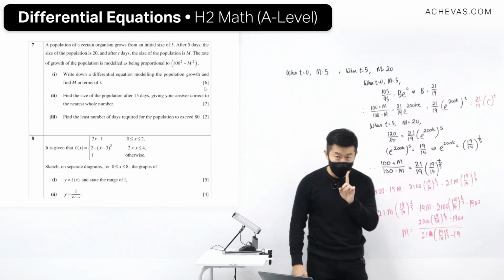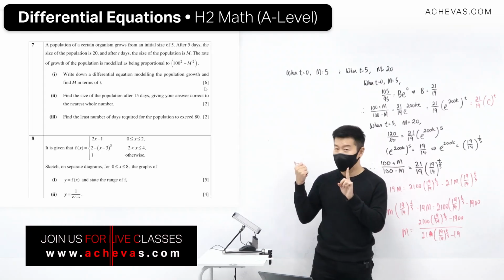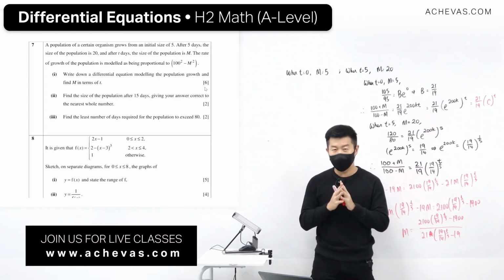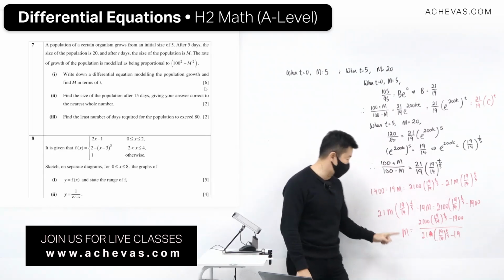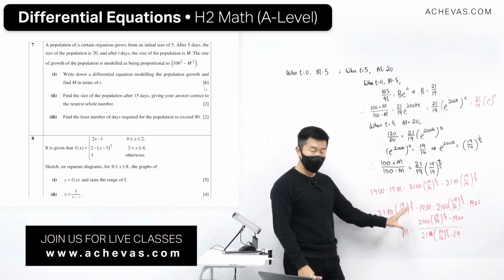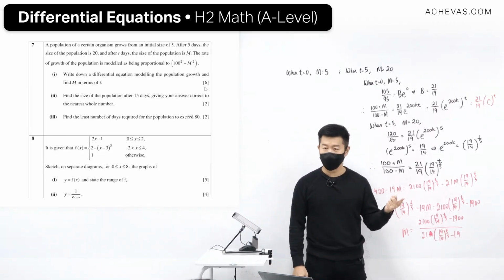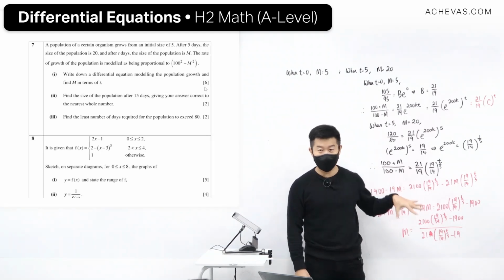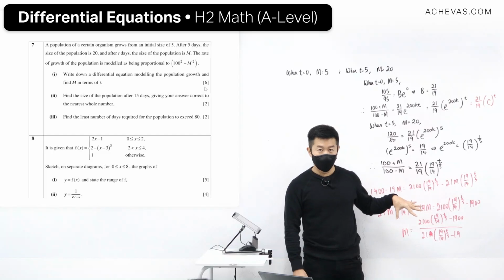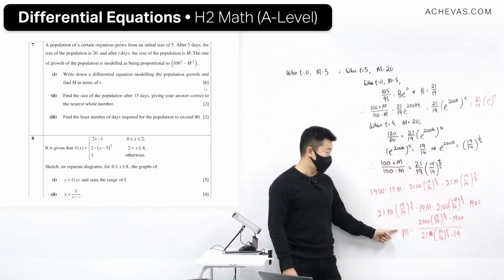This has one problem. The problem won't surface here, but that one problem is a very common question that will be asked for this kind of question, which is: after you have gotten m, they'll ask you, what do you think m is in the long run? That means you're going to let t go to infinity, correct? When t goes to infinity, what do you think m is?